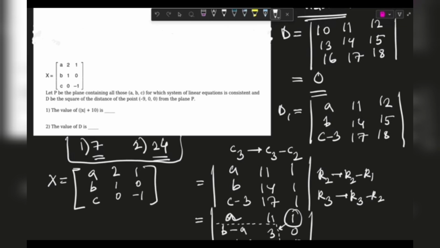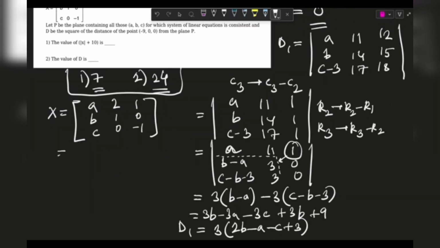So let's calculate this. If we try to calculate this, this is A times 1 minus 1 is minus A, minus 2 times minus B and 0, so plus 2B, and 1 into B is 0 minus C. So basically this is minus A plus 2B minus C. And if we look at our result, it was 2B plus 3 equal to A plus C. So minus A plus 2B minus C will be minus 3.